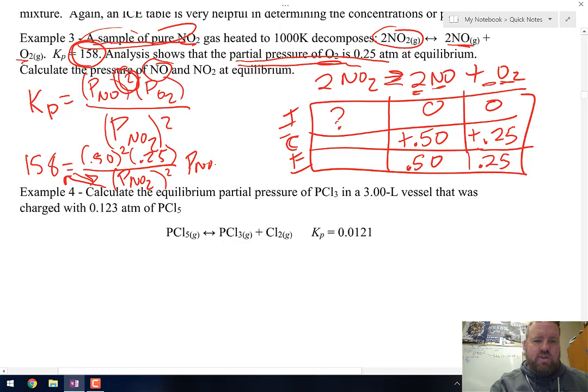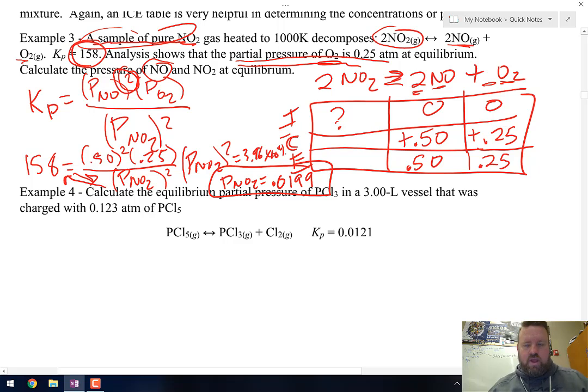So the pressure of NO2 squared equals 3.96 times 10 to the minus fourth. Obviously, I have to get rid of the squared. So the pressure of NO2, I'm just going to take the square root of that answer, and I get a final answer of 0.0199 would be my equilibrium pressure of NO2.